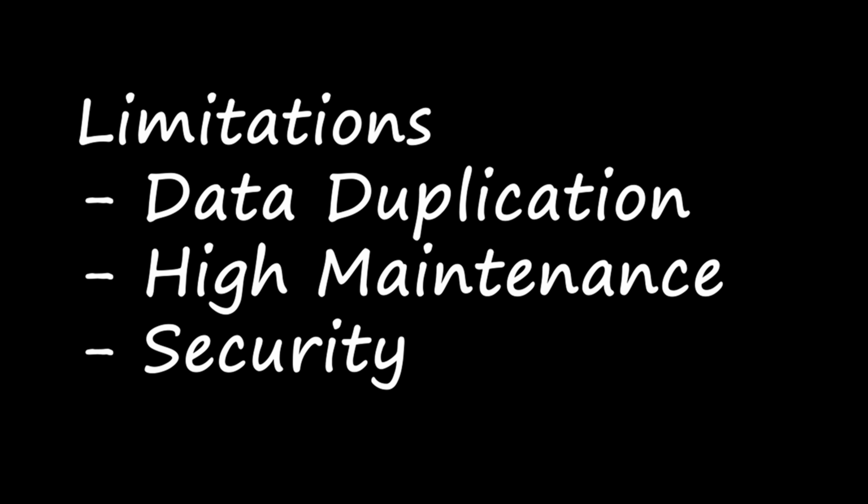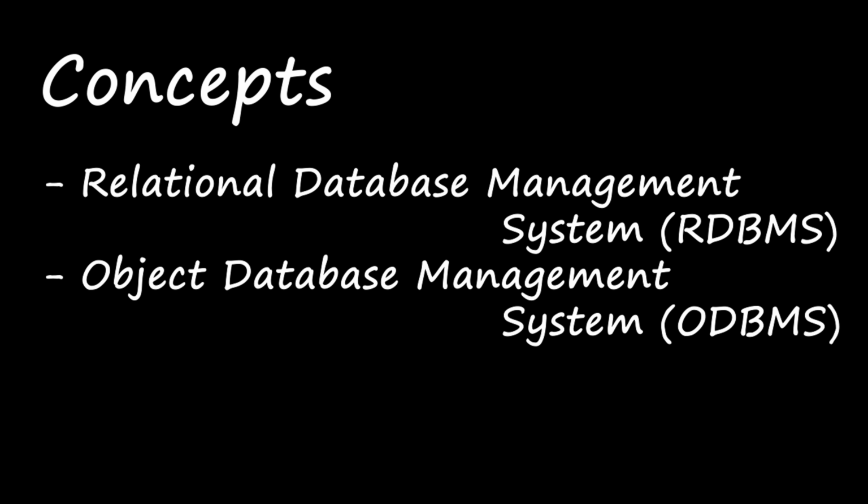Next, let's see the concept of DBMS, the concept of database management system. There are a few standards that are applicable in all forms of database management systems, like relational database management system, object database management system, and so on. Let's see the two basic concepts.